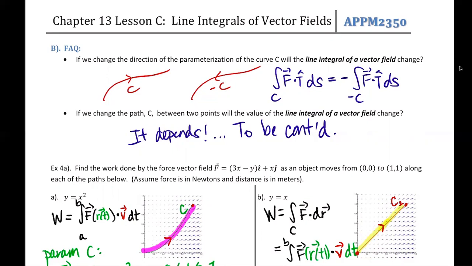And if we change the path between them, we would get different answers back with the line integral of a scalar function, as opposed to what's happening here with vector fields, where changing the direction gives us the opposite sign, and changing the path sometimes won't change the answer, and sometimes it will. We're going to come back to that.